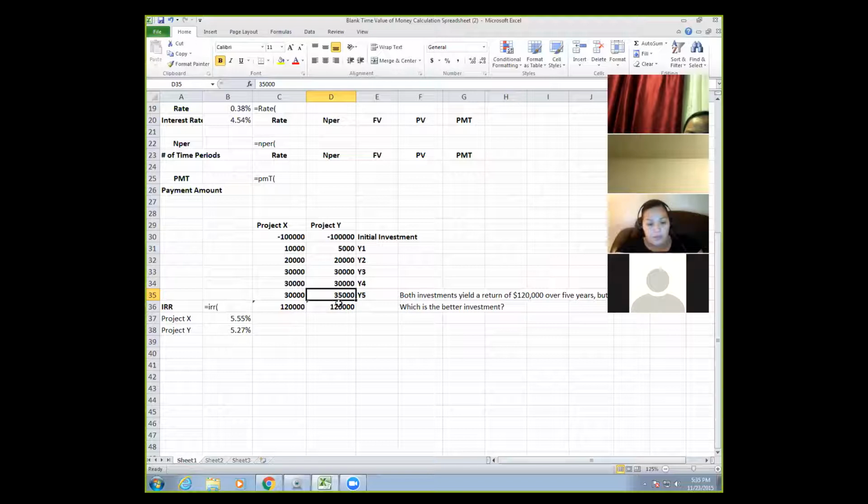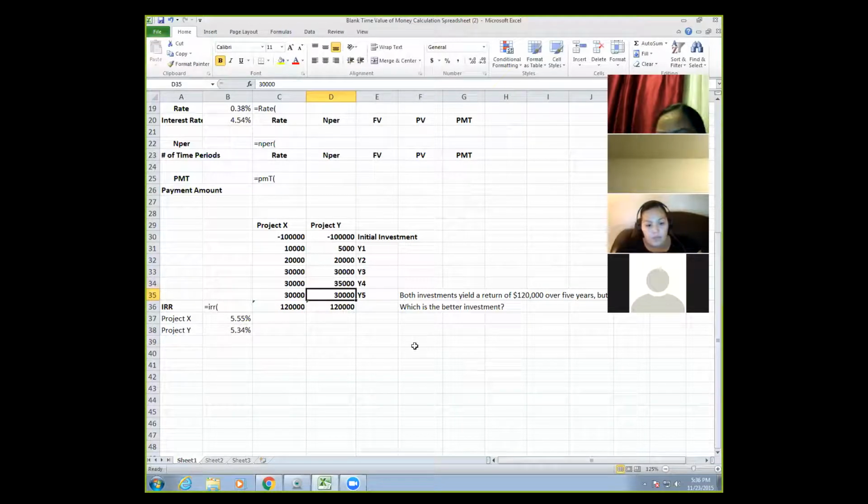So if we do something here, I'm just going to move this 35. We're going to change this around a little bit. Instead of Project Y making 35,000 in year 5, we're going to say year 4, 35,000. I'm guessing the rate of return here is going to be a little bit higher than 5.27%, which is what it just was, because we're moving the money closer.